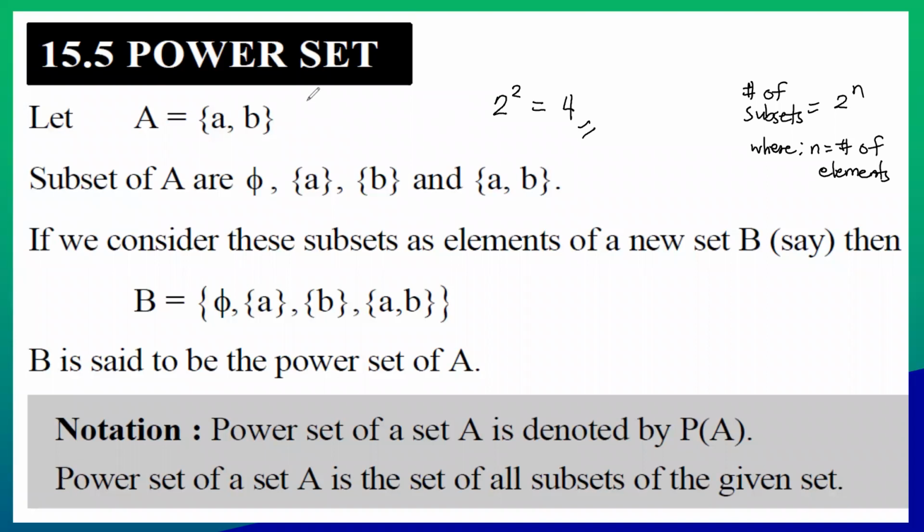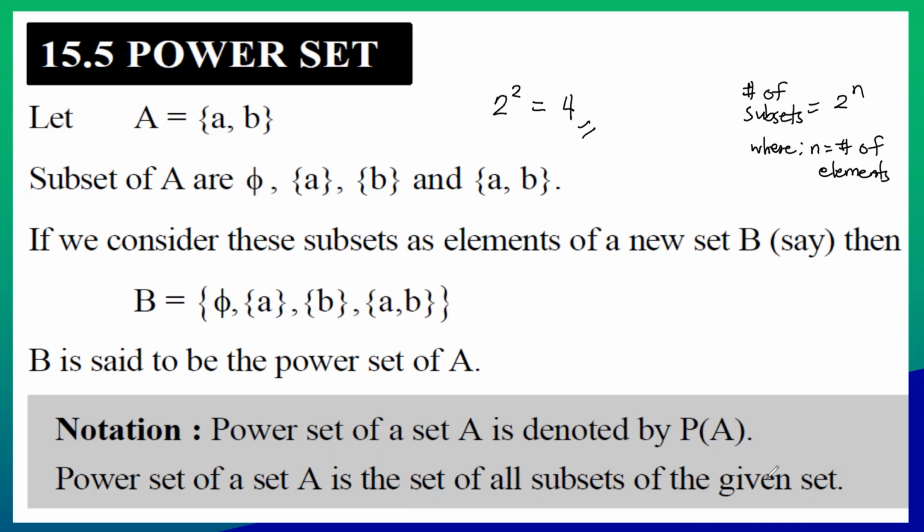Alright, so if we consider these subsets as elements of a new set B, say, then we will have set B equal to our subsets of A. We have the null set, A, B, and AB. So we can say that B is said to be the power set of A. So notation, the power set of a set A is denoted by P of A. The power set of a set A is the set of all subsets of the given set.